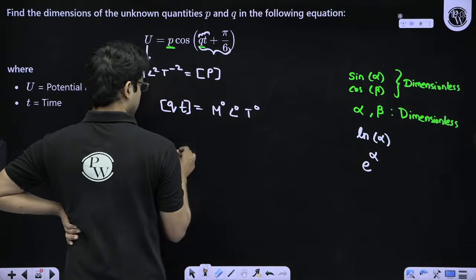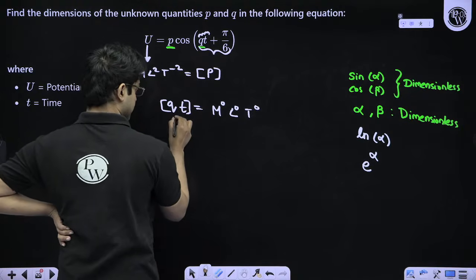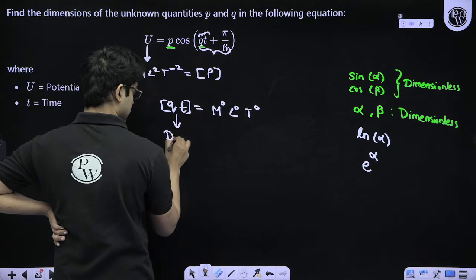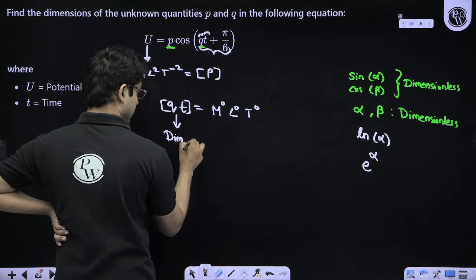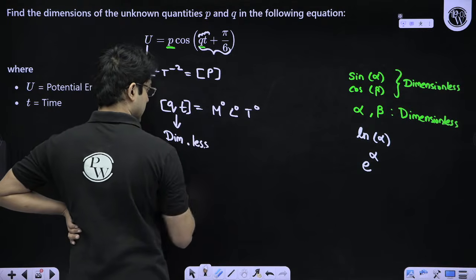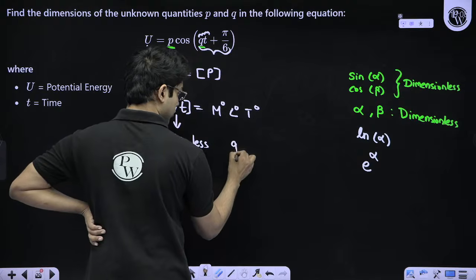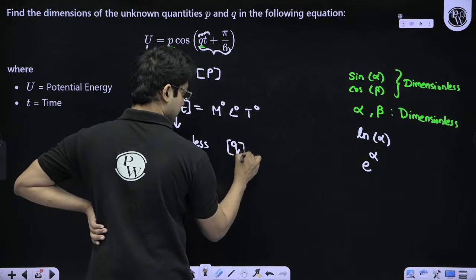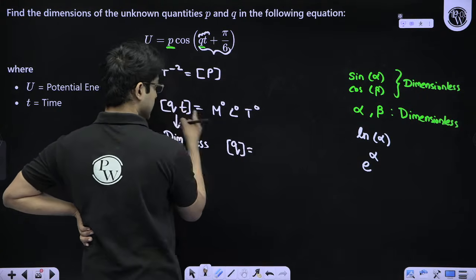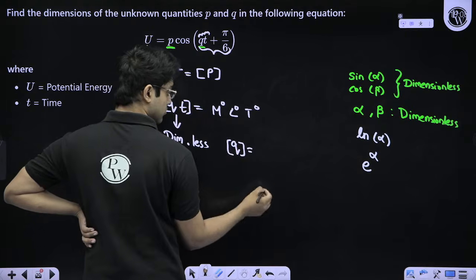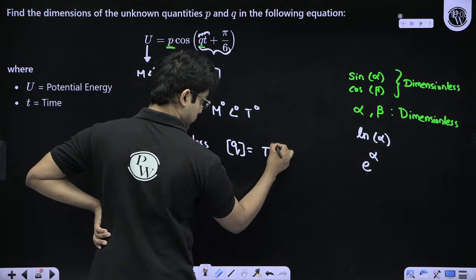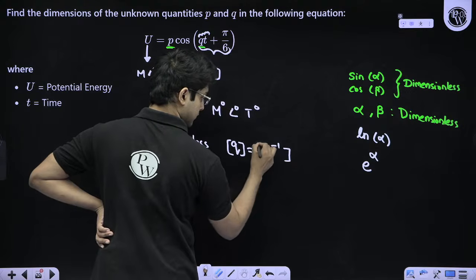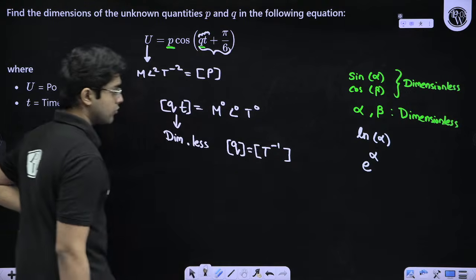Qt must be dimensionless. So from here you can get the dimension of Q. Send this T to the denominator; if it goes to the numerator, it becomes T raised to minus 1. This is the dimension of Q.